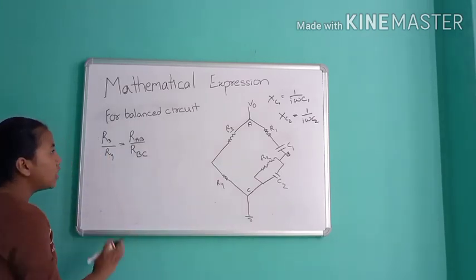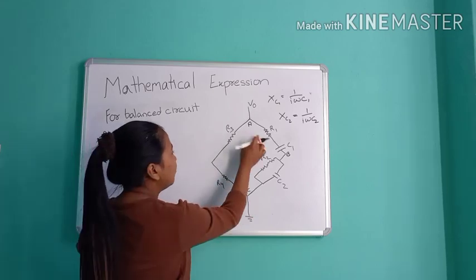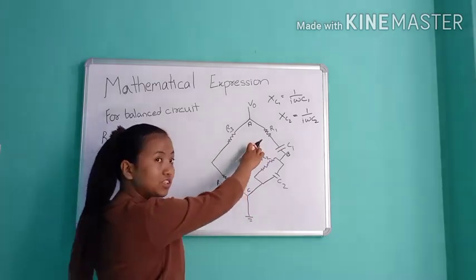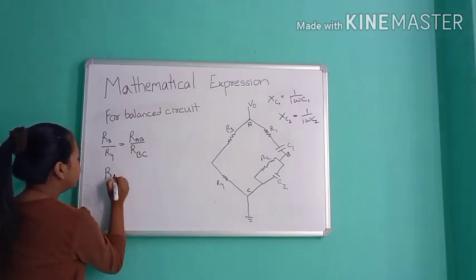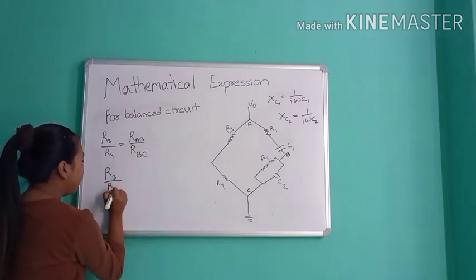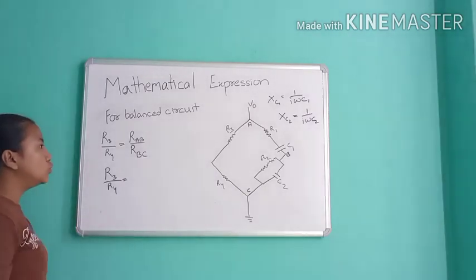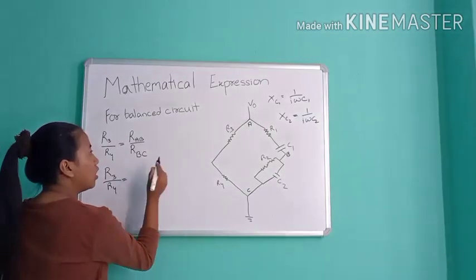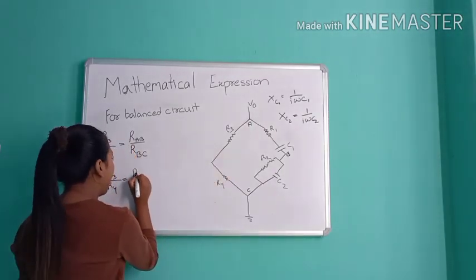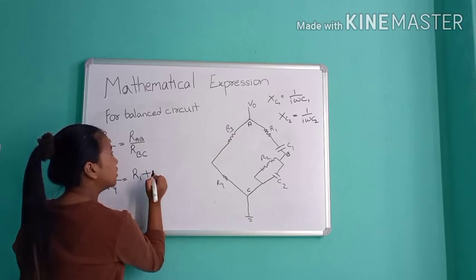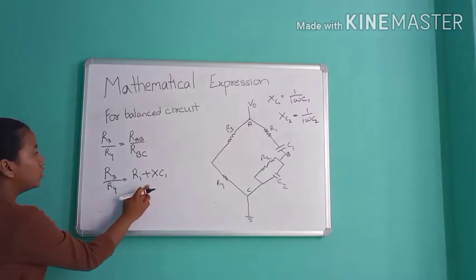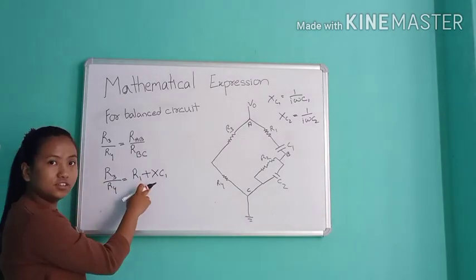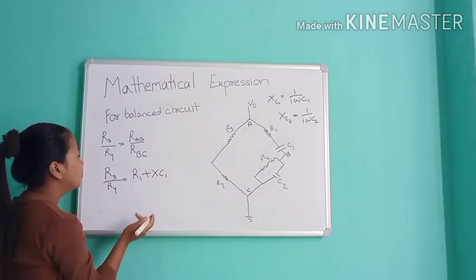Now, as AB is in series, the formula we know is R3 by R4 equals R1 plus XC1. This is the formula for series circuit.